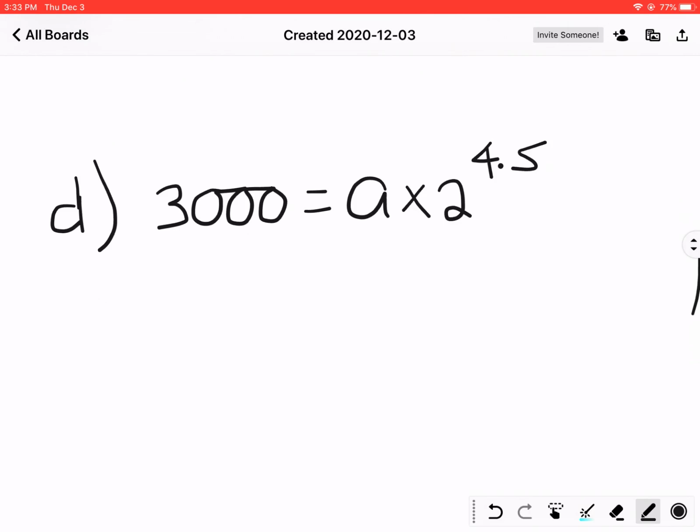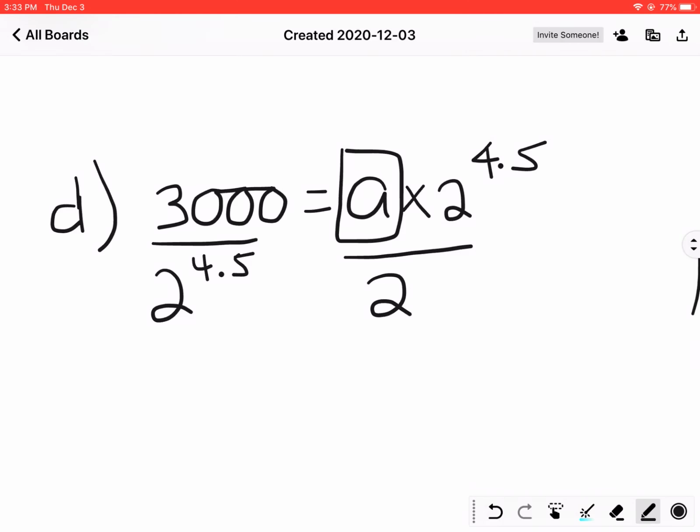For D, it's almost as easy as the previous ones. We want to get A by itself, so we're going to divide both sides by 2 to the exponent 4.5. And these two will cancel. That's why I'm dividing by 2 to the exponent 4.5.